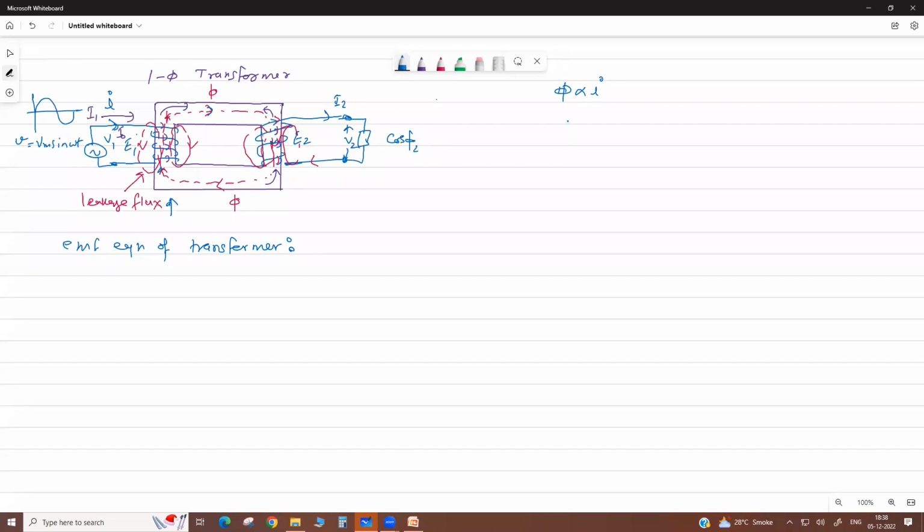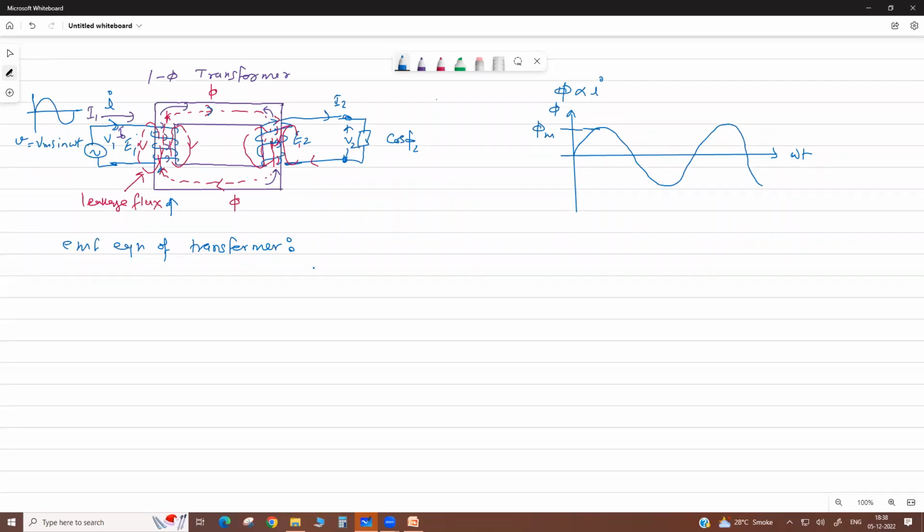If your current is sinusoidal, then your magnetic flux is also sinusoidal. This is your omega t, suppose. So your flux is like this. Sinusoidal flux is produced here. This is phi m, the maximum flux. So this is the flux, phi.